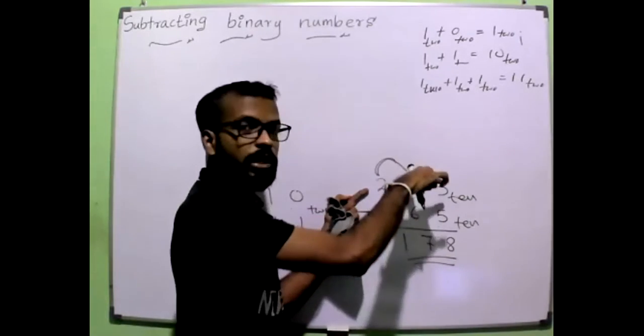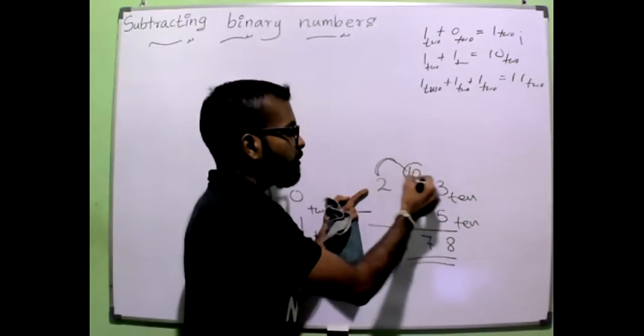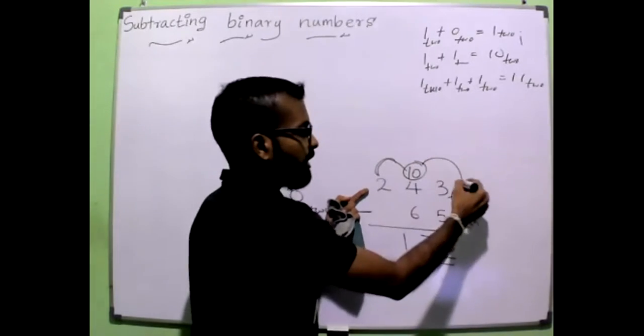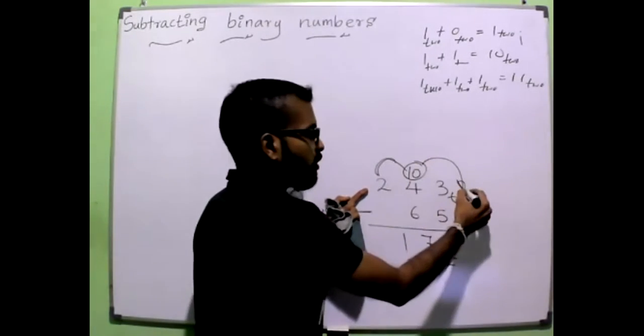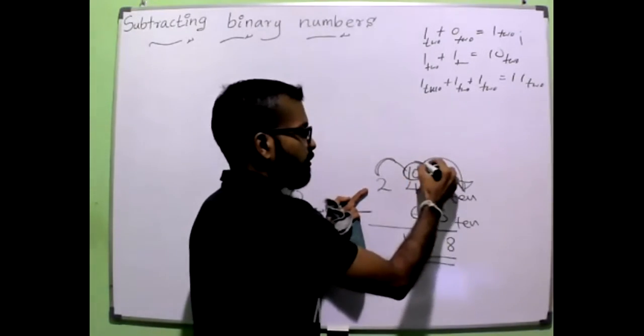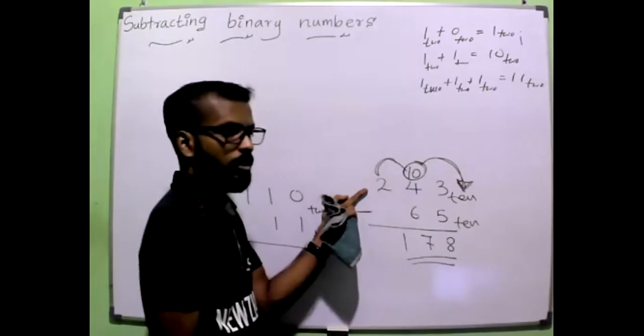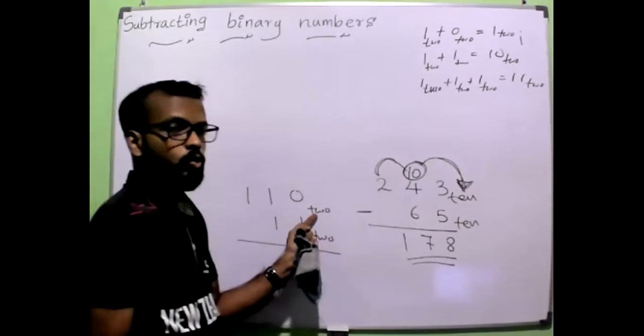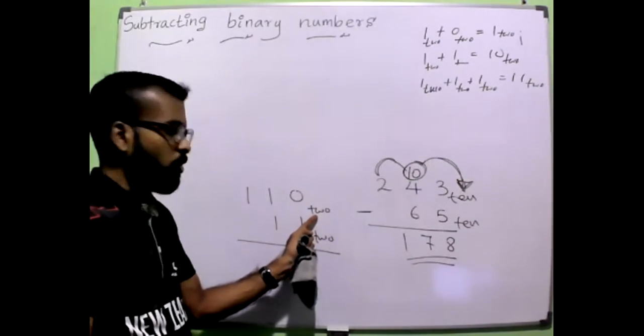When it comes to the right hand side number, it becomes 10 because the base is 10. Now the base is 2. Now look at the board.